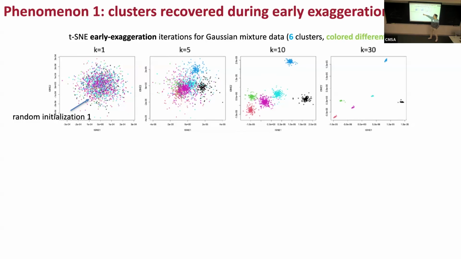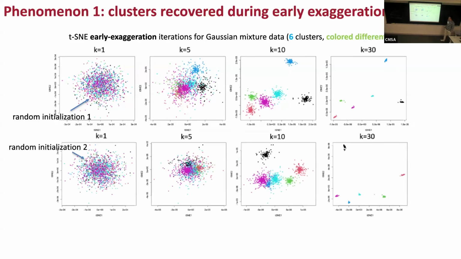And as you can see, if you move on to more iterations, you have 2 phenomena. First of all, you see convergence of the points belonging to the same Gaussian mixture class, eventually collapsing into a single point. And second, the locations of those clusters are seemingly random.